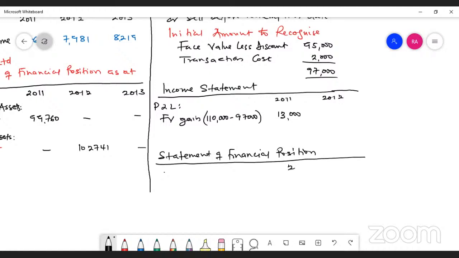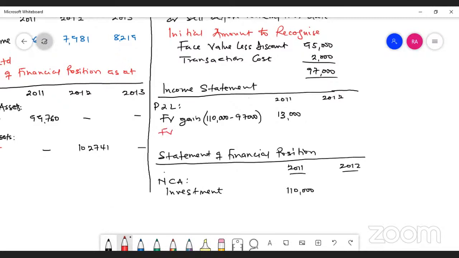So we are talking of 2011 and then 2012. We are going to have non-current asset investments. That's how much? 110,000. But in 2012, it had fallen to 104.